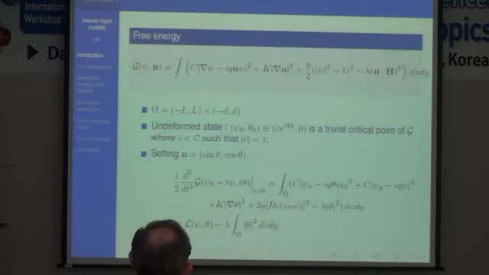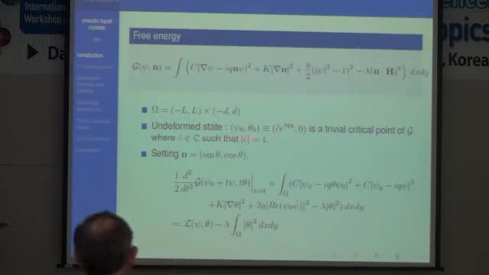So let me go back to my free energy. This is the June free energy. This is the smectic A term with the complex order parameter, this is the nematic energy and the phase transition terms, and this is the magnetic energy. We are in a two-dimensional rectangular domain, and this is the undeformed state.